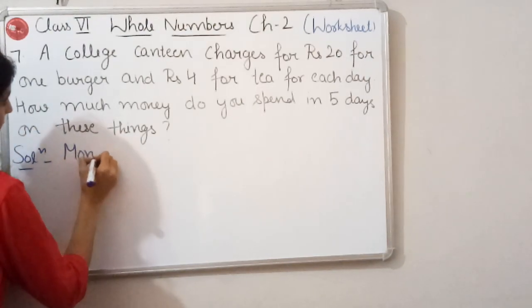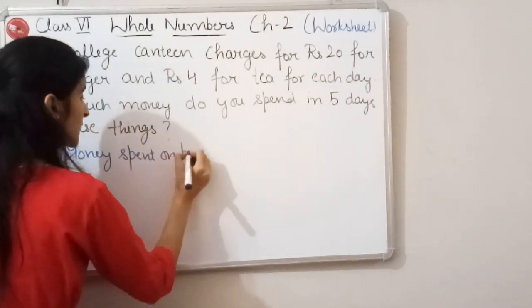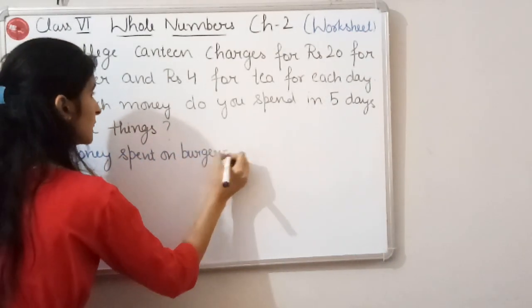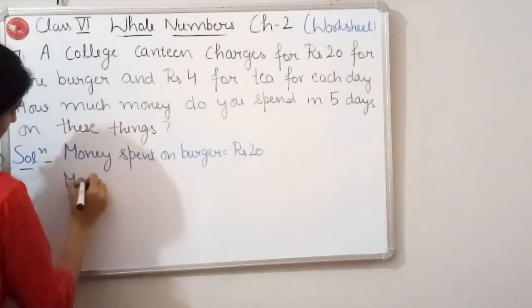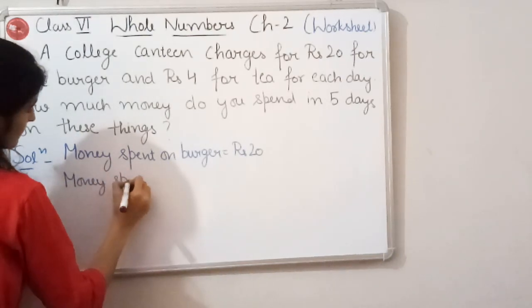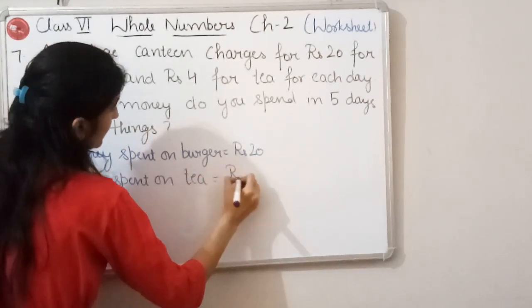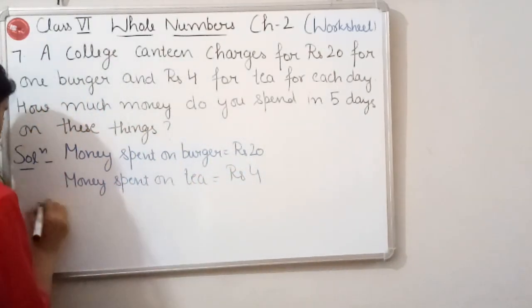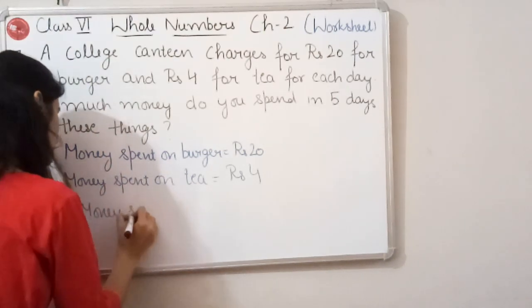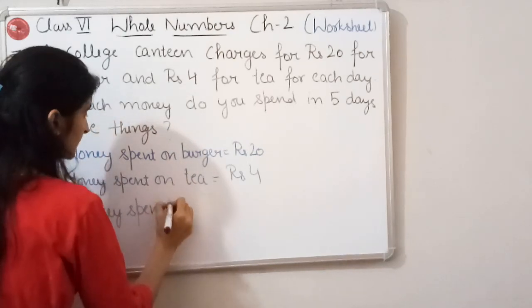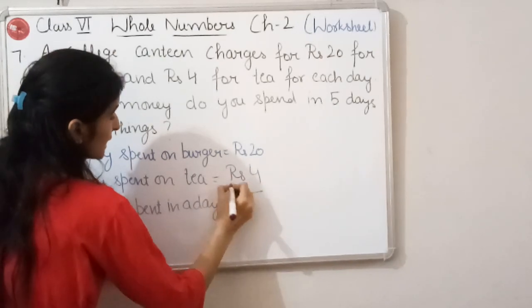So let us find out. Money spent on burger is ₹20. Like this, money spent on tea is ₹4. So total money spent in a day will be equal to 20 plus 4.